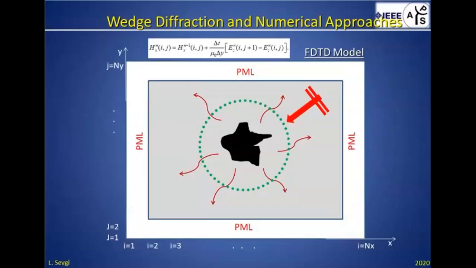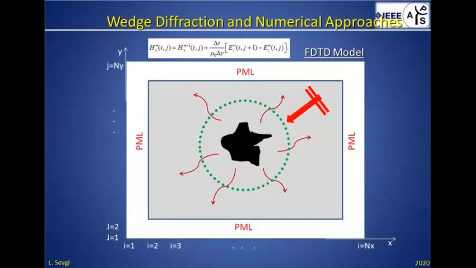The red arrow shows the direction of the incident field with the polarization, and green dots around the object show you the locations of multiple receivers.